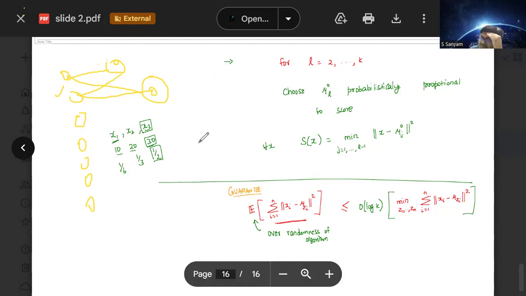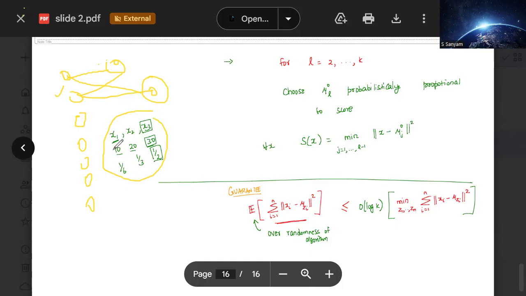It will be its probabilistic score, and the next cluster mean will be chosen on that basis. Basically, we are not assigning every point a cluster indicator; rather, we are choosing k cluster means.